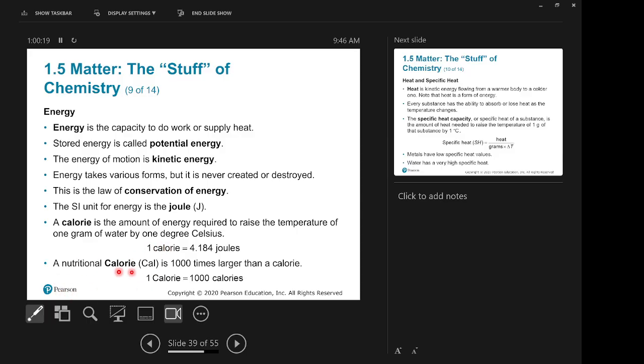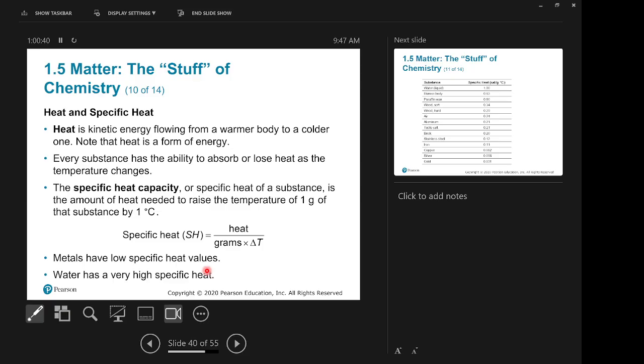Capital C calorie is 1,000 times an actual calorie. So 1 capital C calorie equals 1,000 small c calories. Again, I don't know why they made that decision. It was a bad decision.